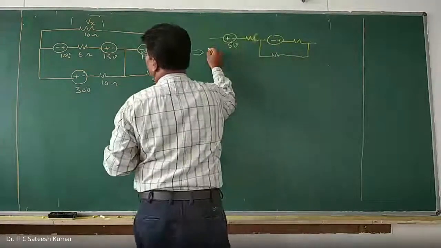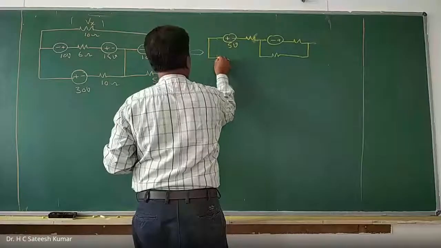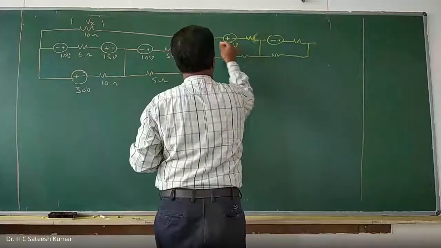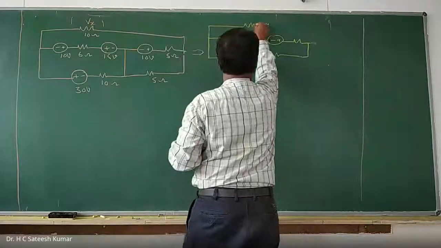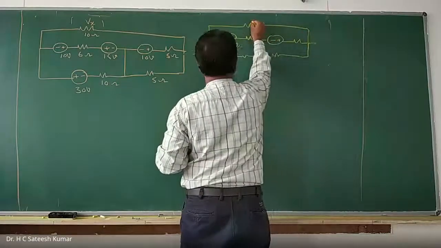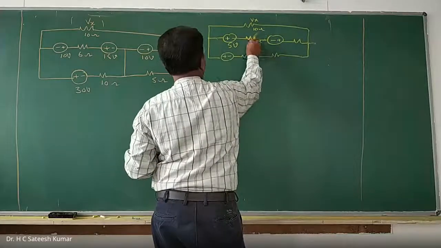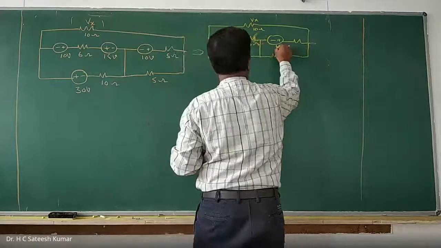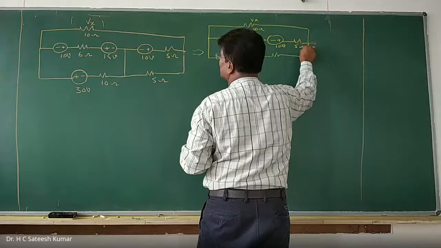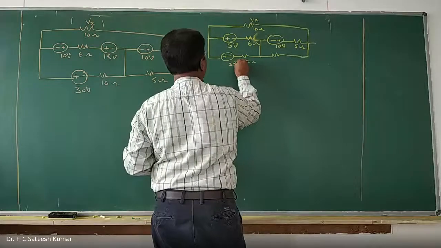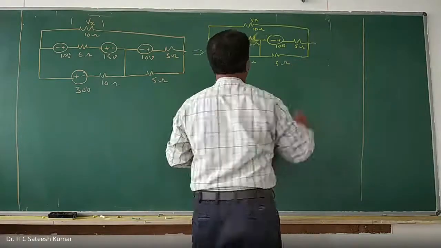And here we have a voltage source, plus, minus, and a resistance. And retain this Vx as it is. This is your Vx, 10 ohms, and this is 6 ohms, 10 volts, 5 ohms, and 10 ohms, 30 volts, and 5 ohms. Okay, right.